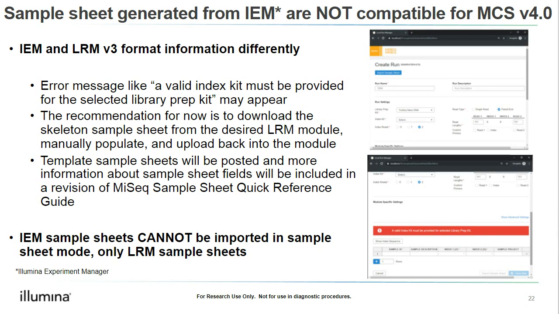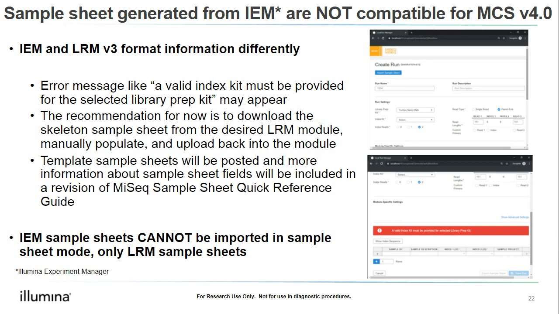If that's not convenient or the most efficient workflow for you, you can use a Local Run Manager formatted sample sheet. And on the support site, with each module, we do have template sample sheets that you can use. Download that template, fill it in. If you have a system where you programmatically generate your own sample sheets, you can use those Local Run Manager version sample sheets as models to update your format.